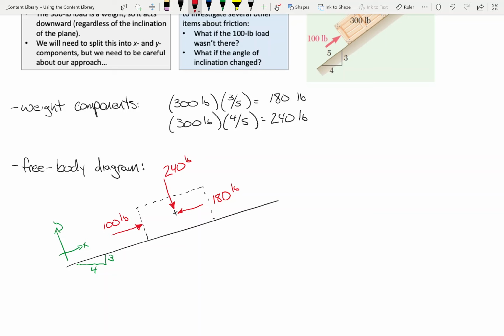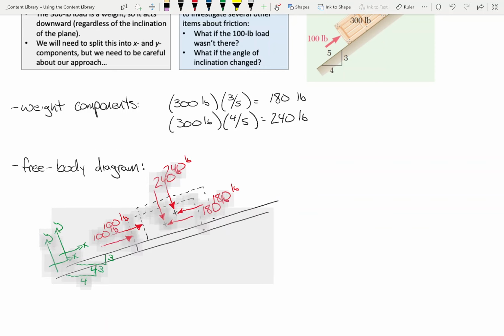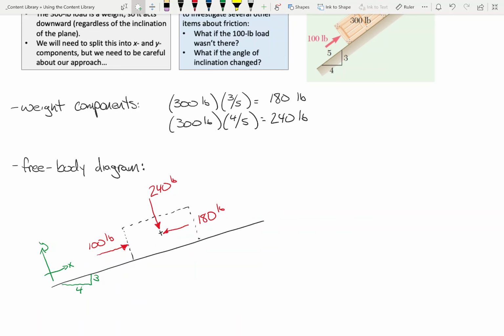Let me scooch this down a little bit. All right. So the first thing I want to do, and a good strategy on a friction problem, is to try and figure out what the normal force is. Okay? So I'm going to sum forces in the y direction.